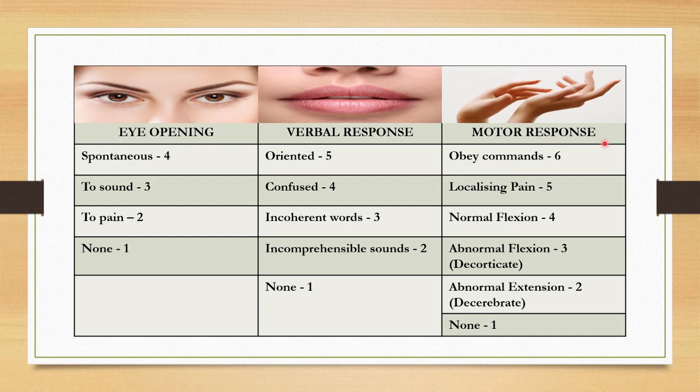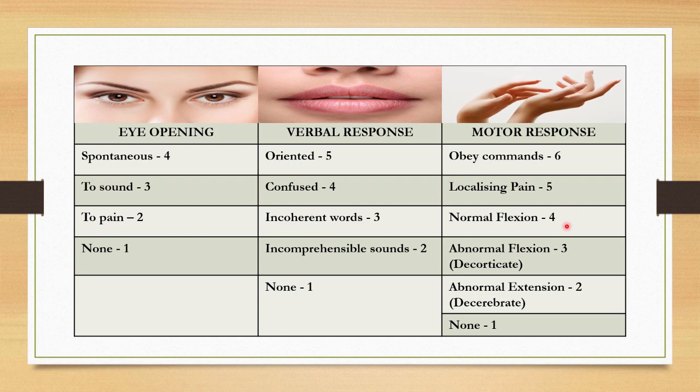The third one is motor response. Here, the maximum score is 6 and the minimum score is 1. If the patient is obeying your commands, for instance, you are telling the patient to raise his or her right hand and the patient is lifting, you can give a score of 6. If the patient is localizing only the pain, not obeying the commands, you can give a score of 5.